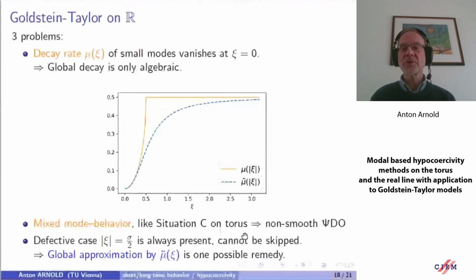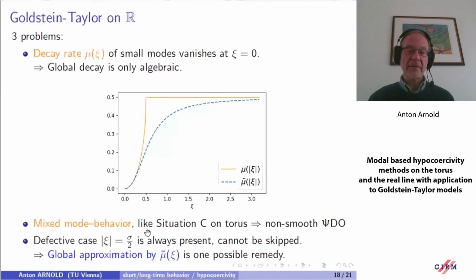And there we also had to think of how to cook up a matrix P, this scaling matrix on the modal level, in order to be able to treat both cases simultaneously. So the problem that we have already seen on the torus: if we would use the sharp decay function, this orange function, we would get a pseudo-differential operator with a non-smooth symbol.